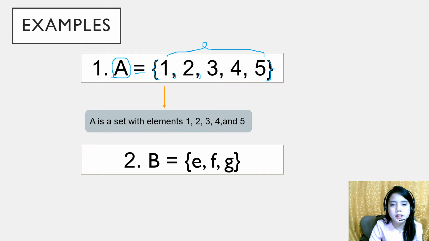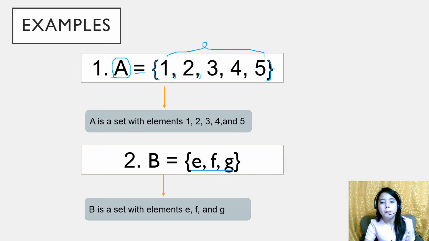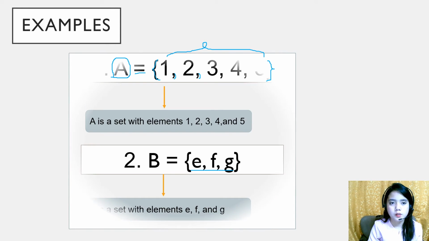Okay, another example. Unsaon ni pagbasa? Okay. B is a set with elements E, F, and G. Okay, sige. Balik-balik ka hantud ma-familiarize kung unsaon pagbasa ang examples.